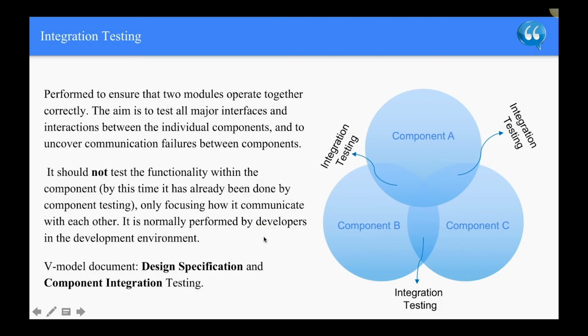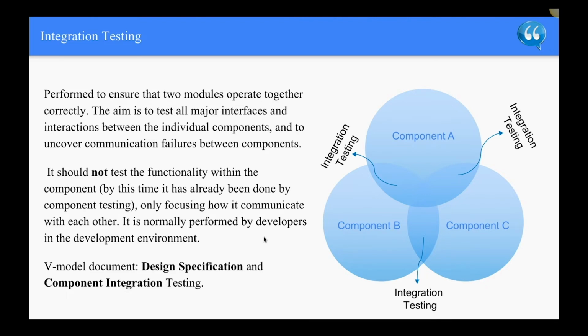Okay, once the unit becomes a component, and various components start to join together, then we have integration testing. It is performed to ensure that two modules operate together correctly. The aim is to test all major interfaces and interactions between the individual components and to uncover communication failures between components.